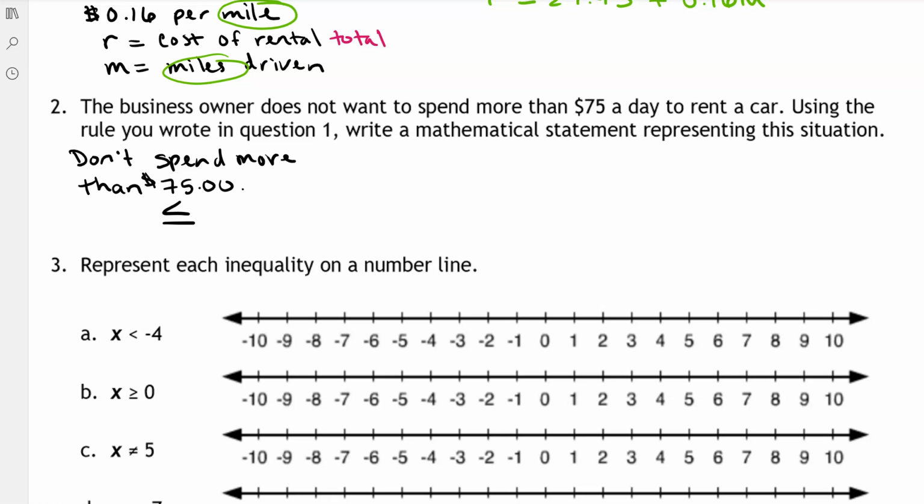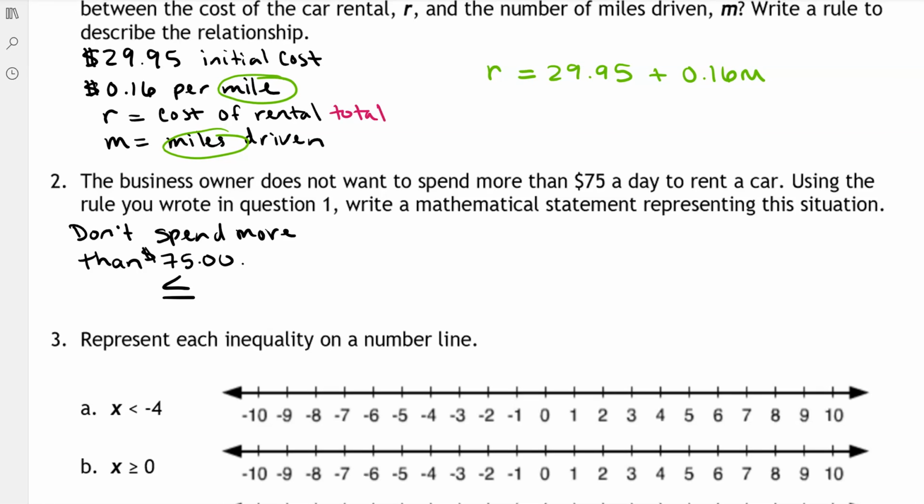So now I can write this equation that I wrote here. And I'm going to say here's the $75. I can't spend more than that on the car rental. So this has to be less than or equal to, whoops, that's greater than. What am I doing there?